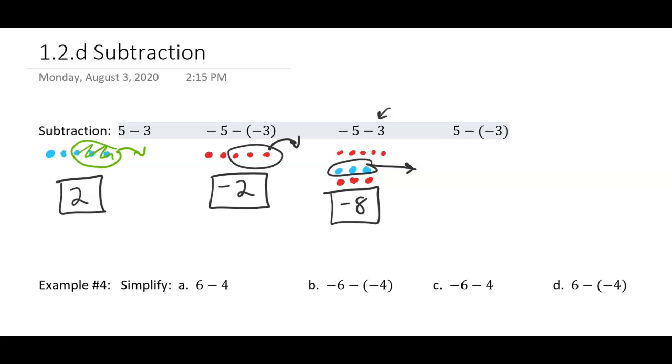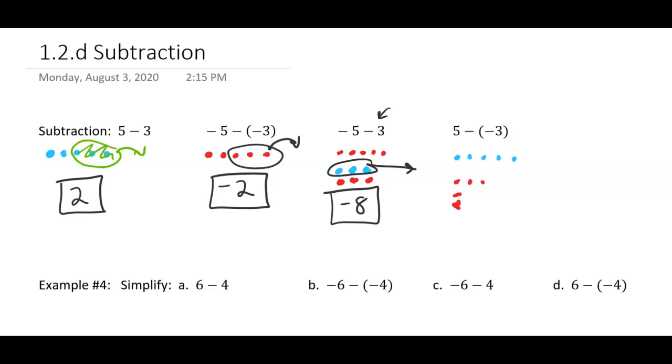Okay, so we're going to do the same thing on this last one with the chip method. We have 5 positives that we're starting with. We want to take away some negatives, but we don't have any negatives. So we're going to have to put in 3 negatives because we want to take those out. But then to counteract it, you've got to put in the positives.